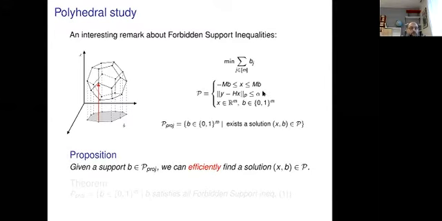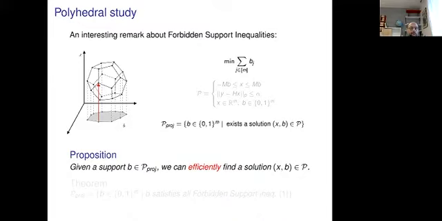This is a really interesting thing, because since we are trying to minimize the sum of the b variables, what we can do here is just forget about the x variables and work on the projection. We optimize our objective function on the set of all feasible supports; we don't care now about x. We minimize the support in the set of feasible supports.